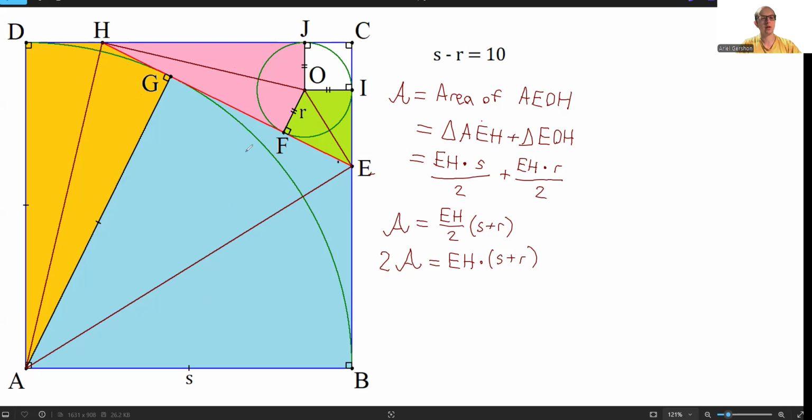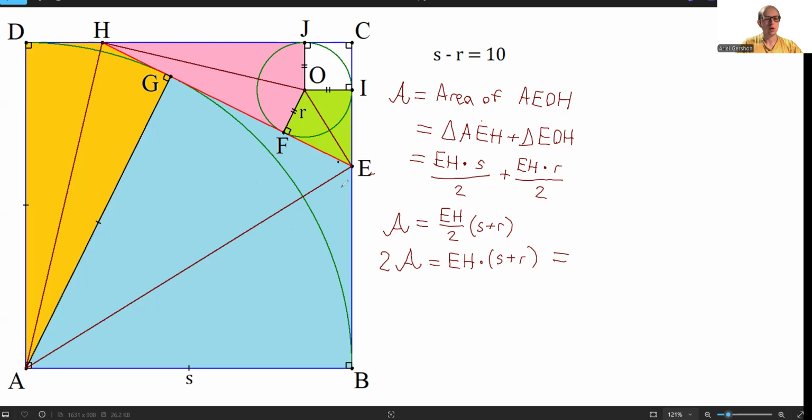So if we multiply that area by 2, then that gives us the total area of all of the colored triangles. And so 2 times A would be the total area of each of those colored regions.